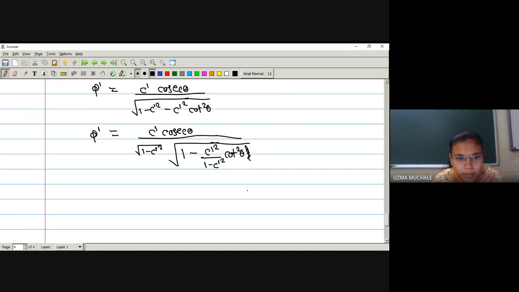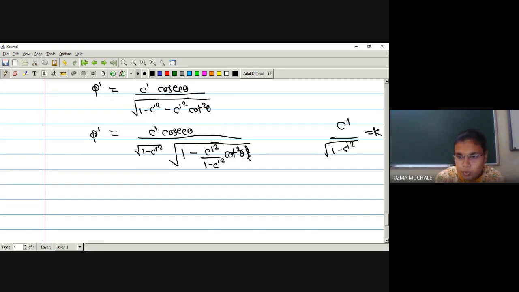Have you understood what I have done? I have taken 1 minus c dash square outside so that we can rename c dash upon under root of 1 minus c dash square as another constant, say capital K. So what will be the value of this term?